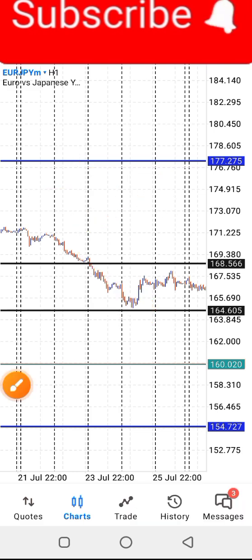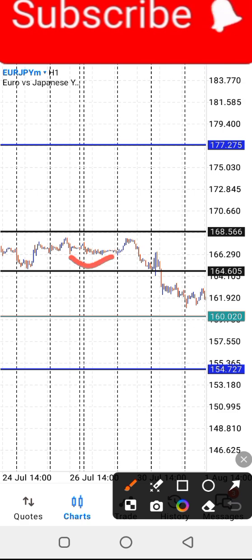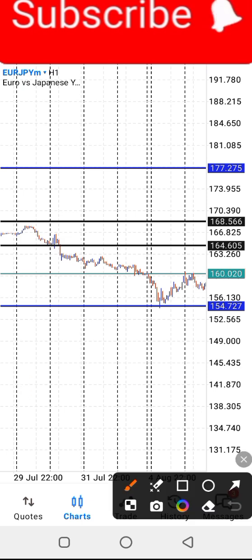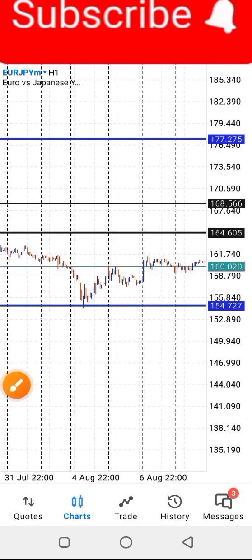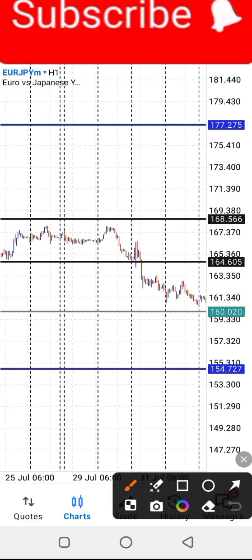It has been activated, and look at what happened. Price later came down, played around, then came down to eat your take profits, right here. So what is the calculation for that? The calculation for that is simple.